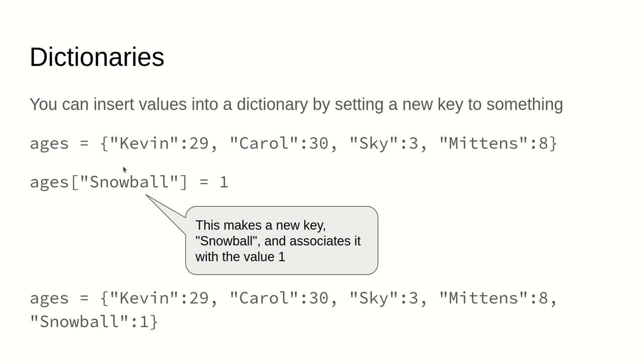But if I meet someone new and I want to add them to my ages dictionary, then I say ages, that new name, like Snowball, equals some number, whatever their age is, 1. That's equivalent to if I had that item inside the curly braces when I first created the dictionary.